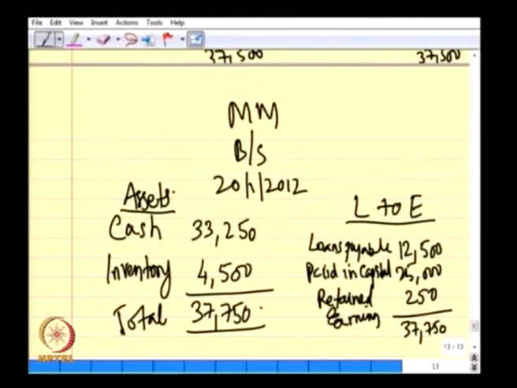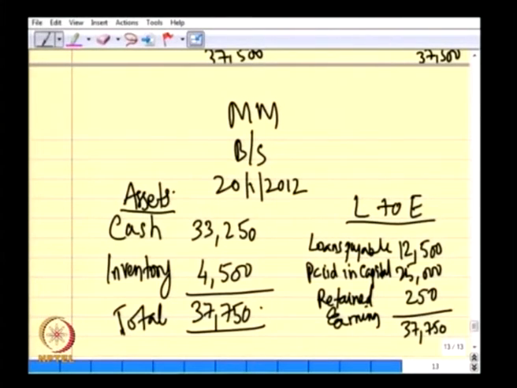Why? Because this 250 is the profit of the sale, and assume that as on date there is no other liability, it entirely belongs to the owner's equity.